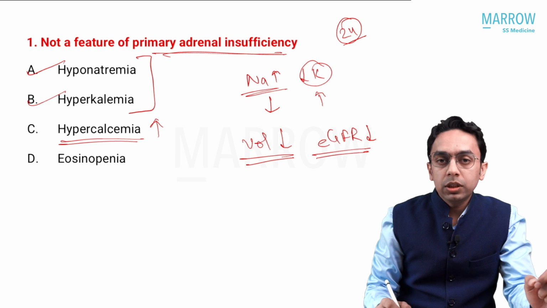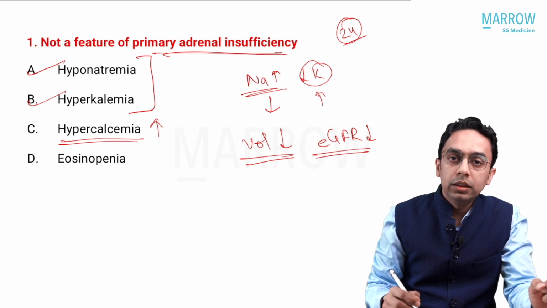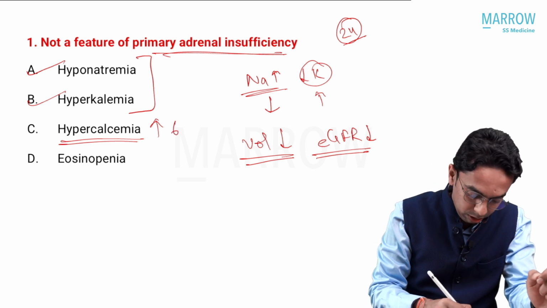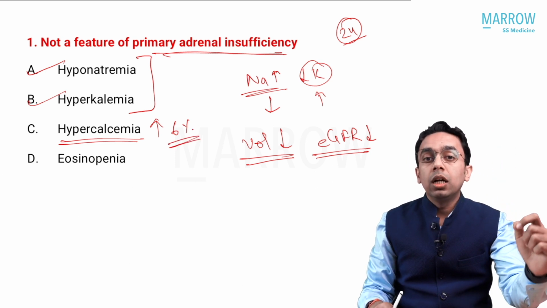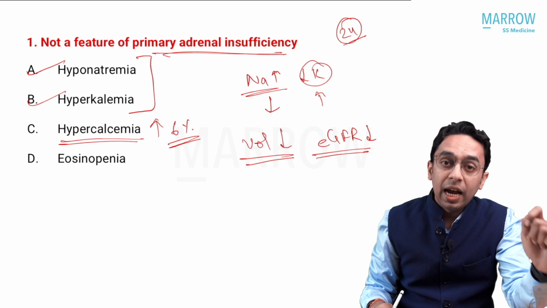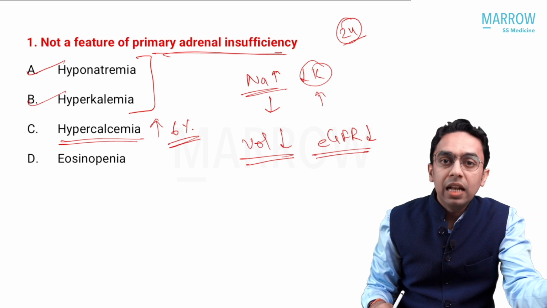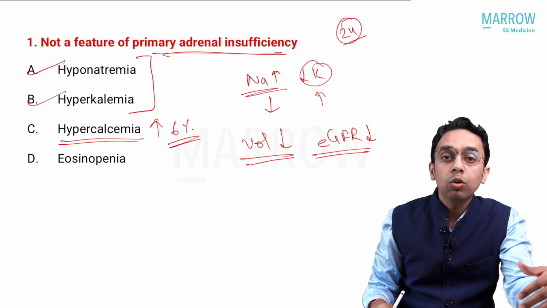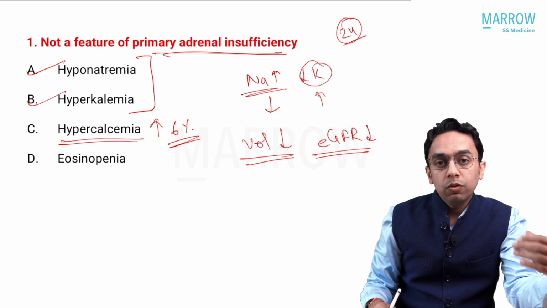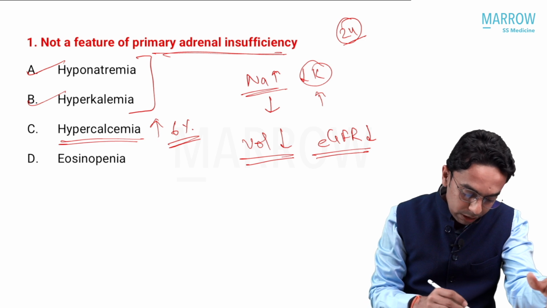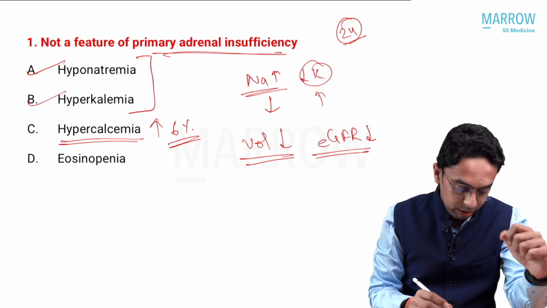Up to 6% of patients with Addison's will have hypercalcemia. In fact, if you see a patient of Addison's with hypocalcemia, that is the calcium is less, then you have to think about APS. In APS 1 there would be hypocalcemia with Addison's.